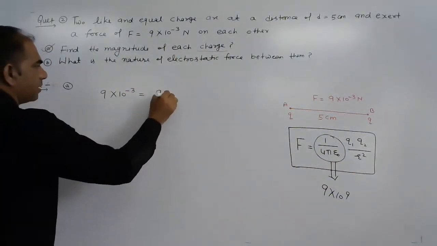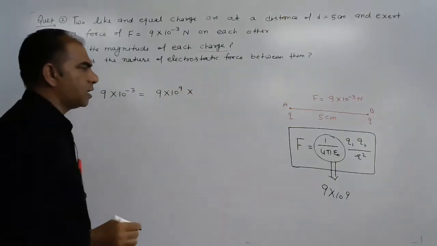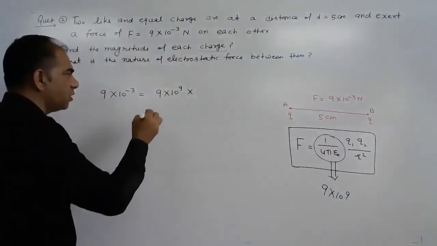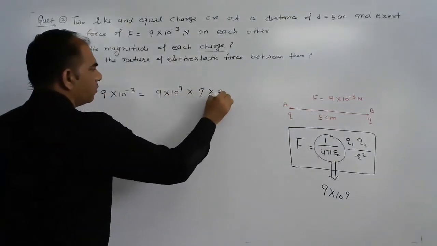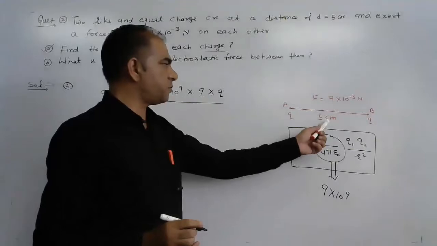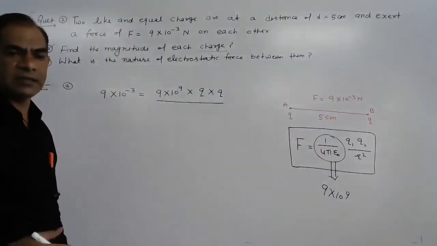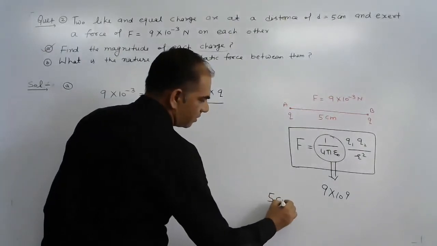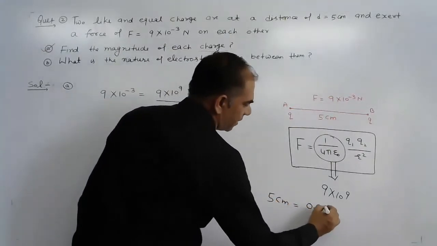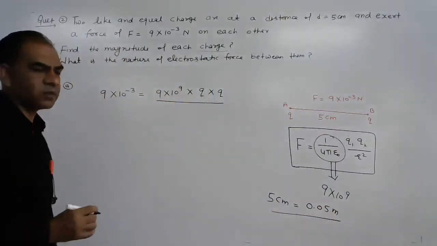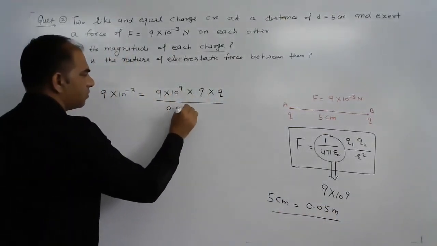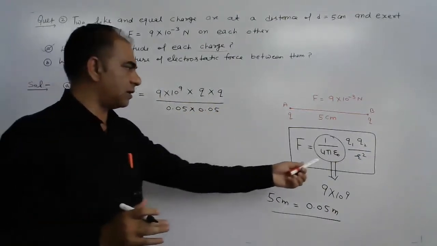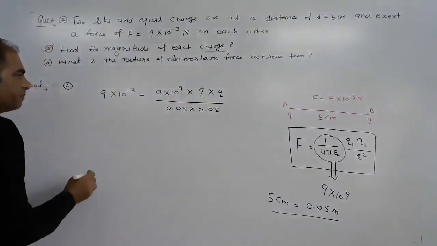So we put here 10 raised to power 9 into Q1 and Q2, the first and second charge, and both charges have the value Q. So we put here Q into Q, and the distance is 5 centimeter. First we convert into SI unit. So 5 centimeter converted into meter is equal to 0.05 meter. Put the value here, 0.05 into 0.05, written two times because of the square.